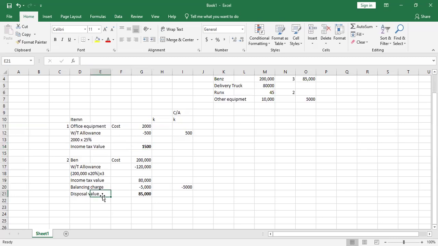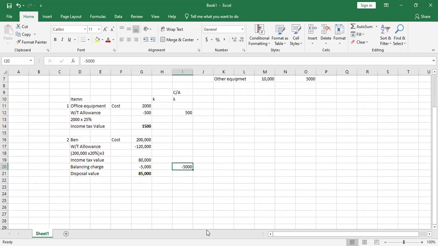Then if you sell the asset, you've got a disposal value. The disposal value minus the income tax value is either going to give you a balancing charge or a balancing allowance. That's what's supposed to be recognized as the capital allowance. You can try it out in your own time, but this is just an example I wanted to give. So can we carry on?